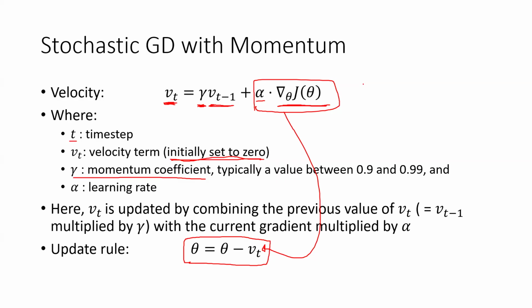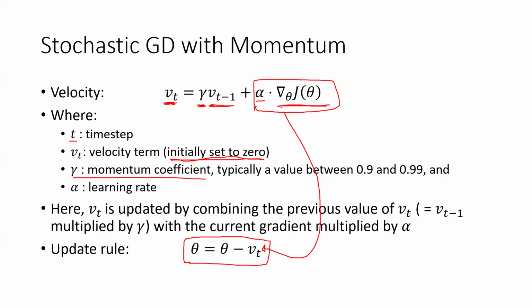So this would avoid the requirement of using multiple data points, because Vt minus 1 has the memory of the velocities that we have used in the previous data points. This velocity would contain a higher proportion of the previous velocity, so that it would keep moving towards the original direction instead of moving here and there due to the gradient term calculated for a particular data point.